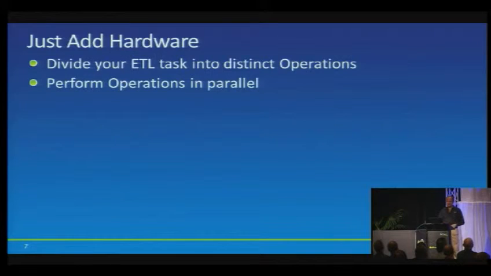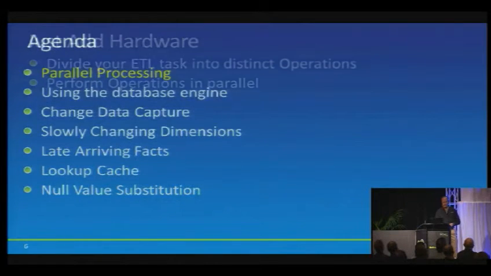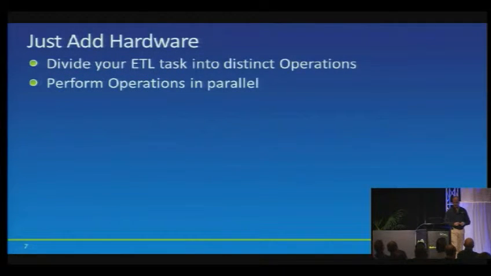Okay, so for the parallelism, let's talk about parallel processing. Parallelism pretty much, we can add more hardware, we can have more parallelism. SSIS 2008 and 2008 R2 are very tuned around multiple cores and high levels of memory. We do expect to have those.